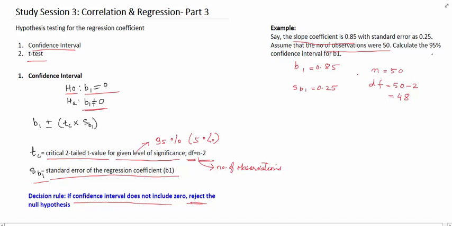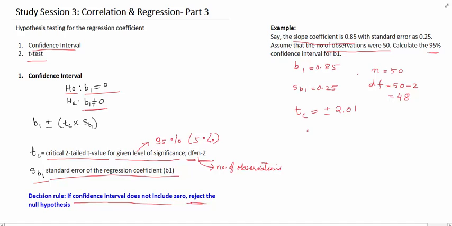We have to calculate the 95% confidence interval for B1. The first thing that we need to do is find out the critical value of t. You can get that from the t table. The critical two-tailed value for a 95% confidence interval with 48 degrees of freedom is plus minus 2.01.